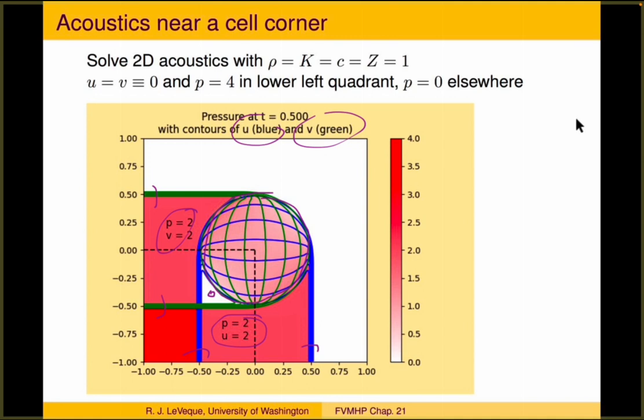And again, contours of the velocity vectors are shown there to show you that you end up with something that's actually isotropically expanding away from the corner.